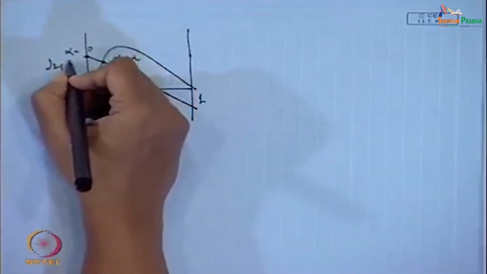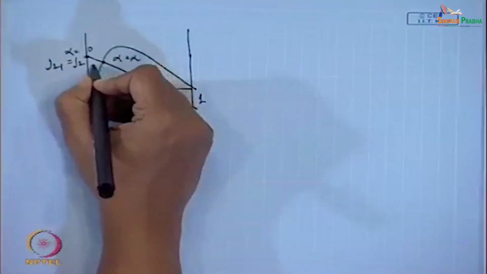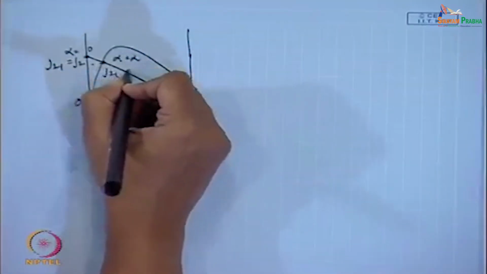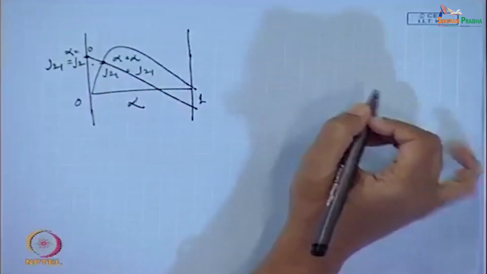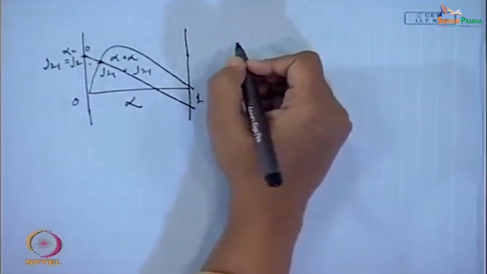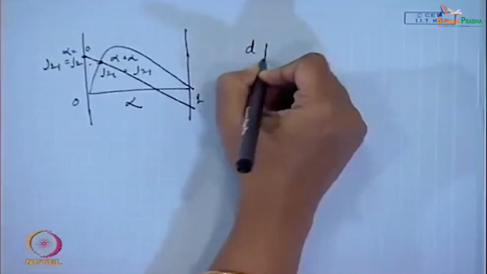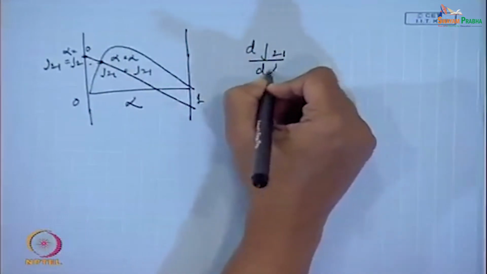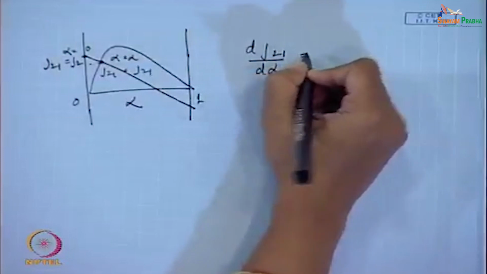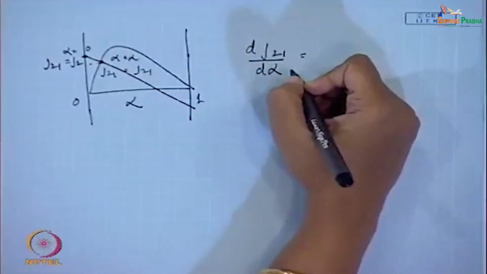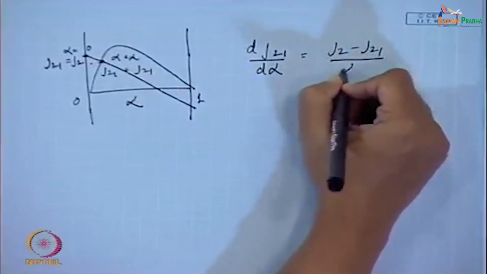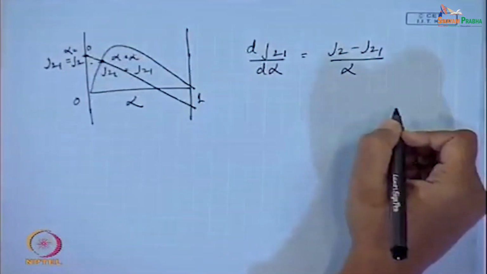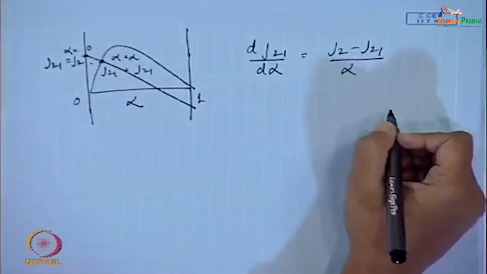Here J21 equals J2, and here we have J21 equals J21, correct? Now, what is the slope of this line? The slope of this line, dJ21 by d alpha, is nothing but J2 minus J21 by alpha minus 0, correct? This portion is correct.